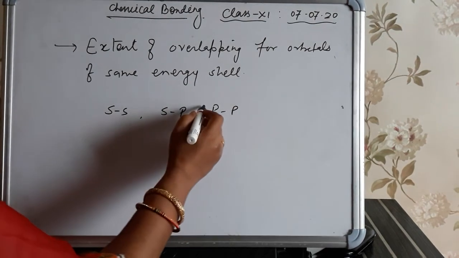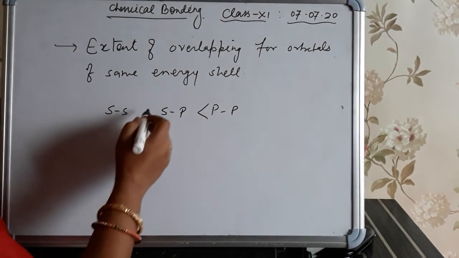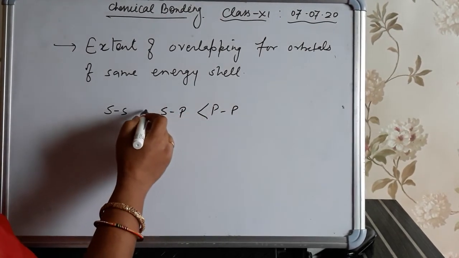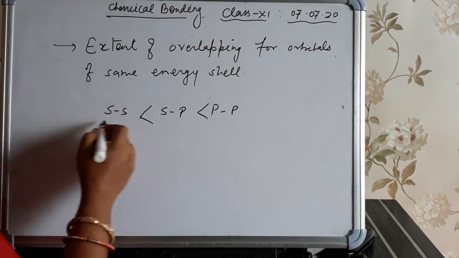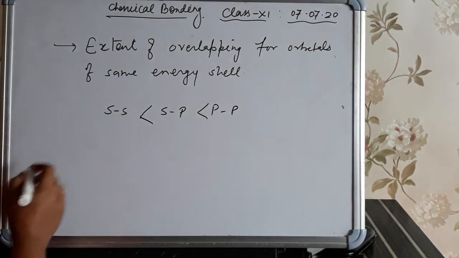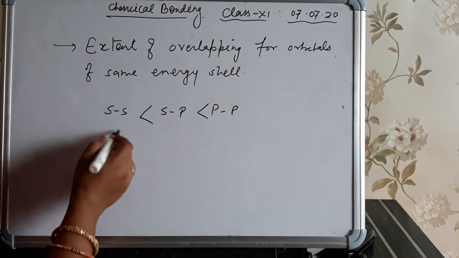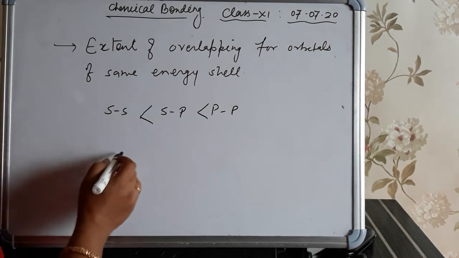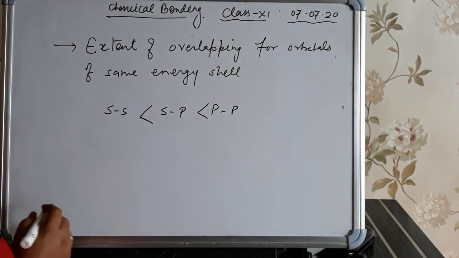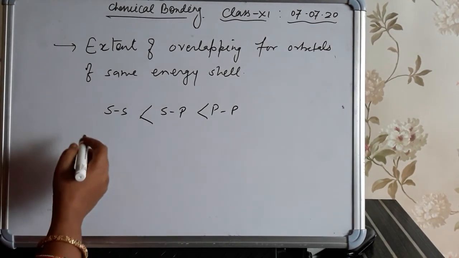So in p-p orbital, maximum overlapping takes place, greater than s-p, and less overlapping takes place between s and s, because it is spherical in shape, so overlapping does not go to a greater extent.